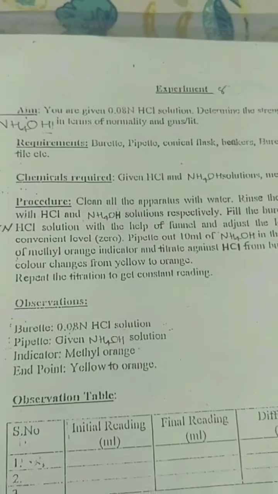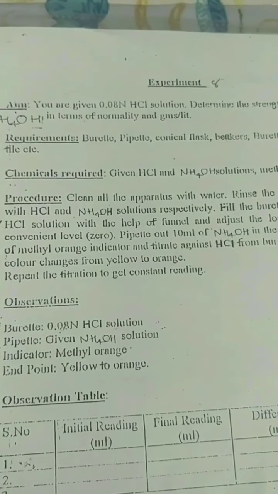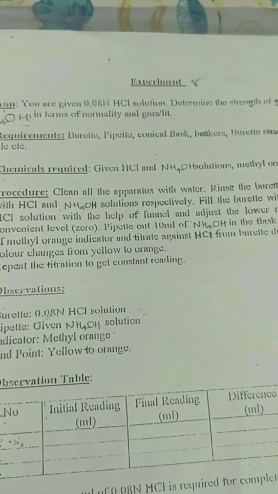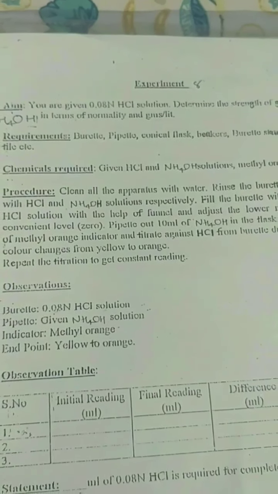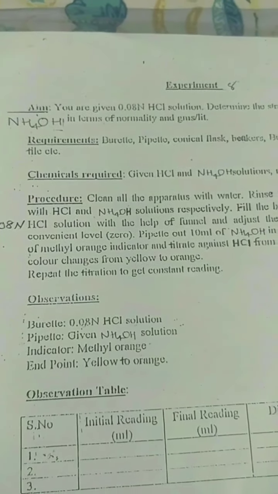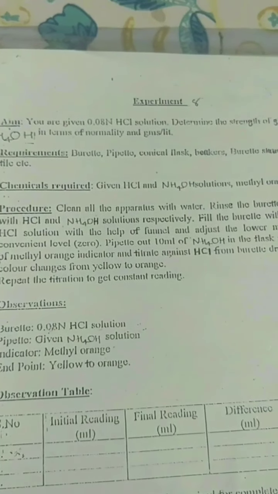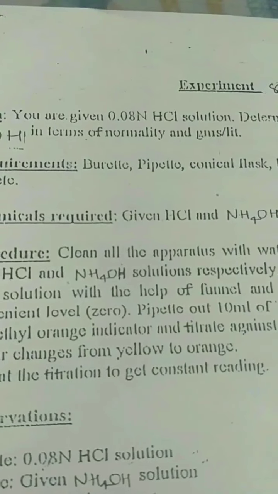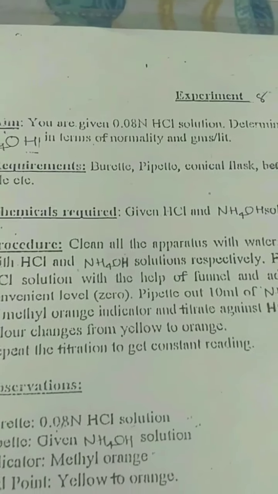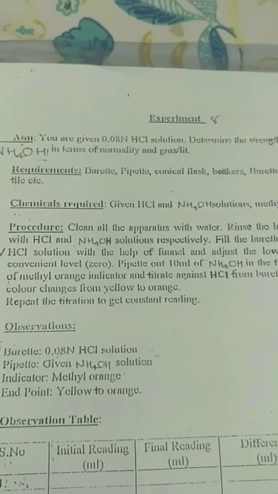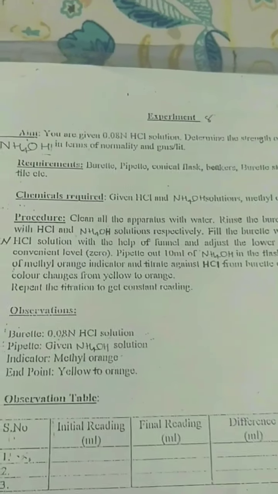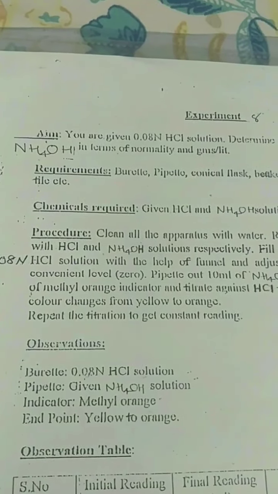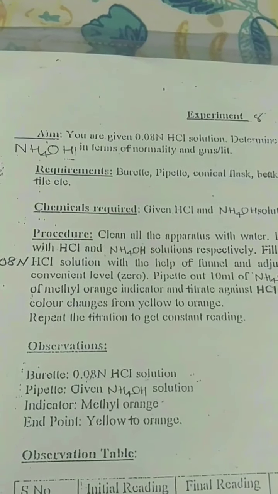So you can see from the aim that we are using two solutions. One is HCl and the other one is NH4OH. The normality of HCl is already given, which is 0.08 normal, and using this we have to find the normality of X normal NH4OH solution, which is unknown for us.